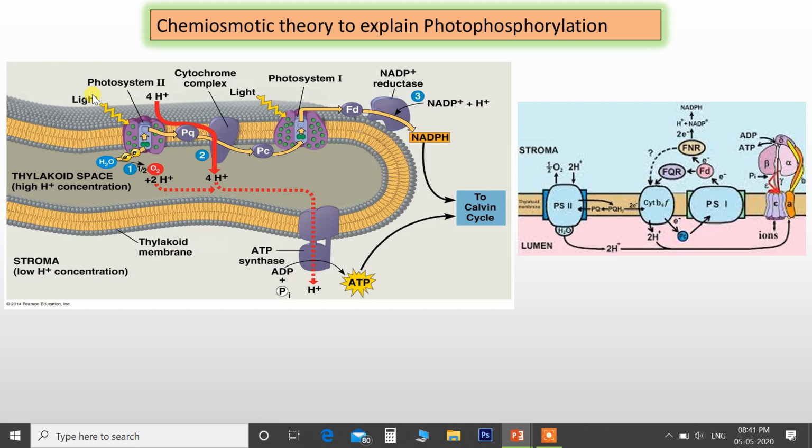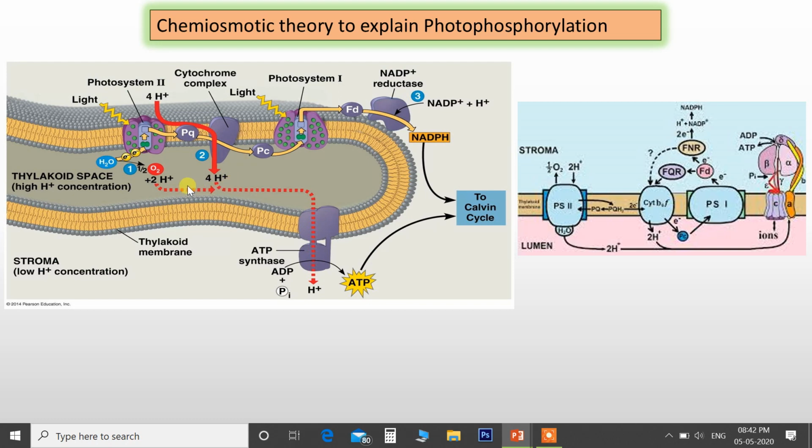What is meant by a gradient? Gradient means a difference in something. Here a proton gradient means a difference in proton concentration on both sides of the thylakoid membrane. Protons will be more in thylakoid lumen compared to stroma. This proton gradient results from electron flow and proton pumping.